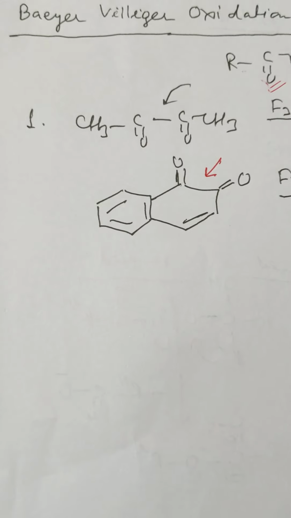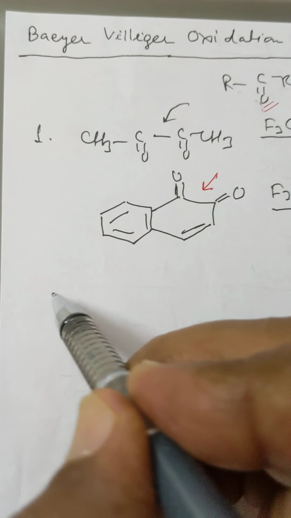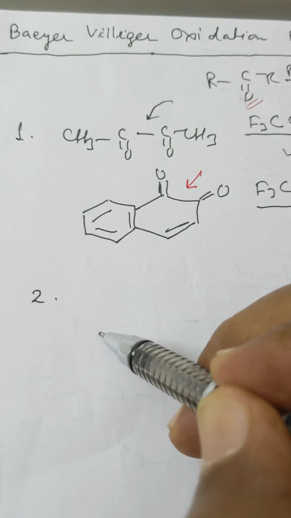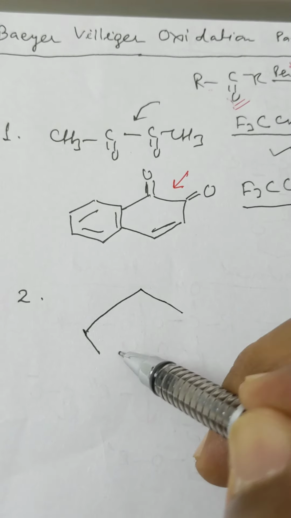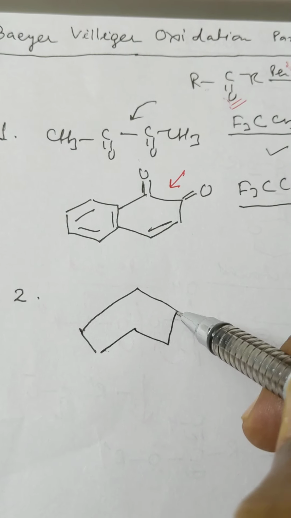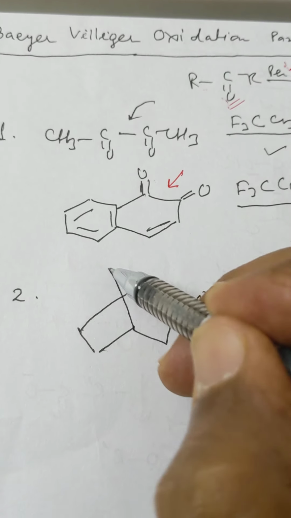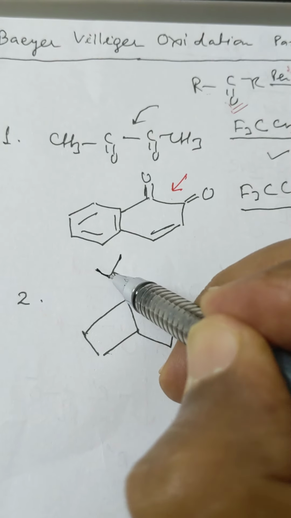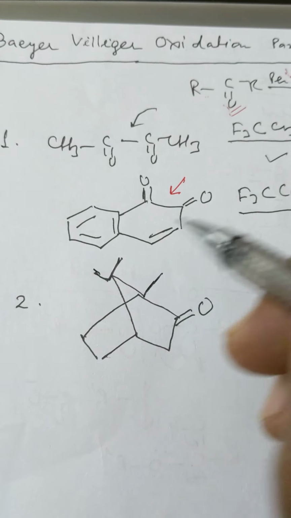Say you have a compound like this. Let me draw this bicyclic compound like this. This is the ketone, and we have one methyl group also over here.